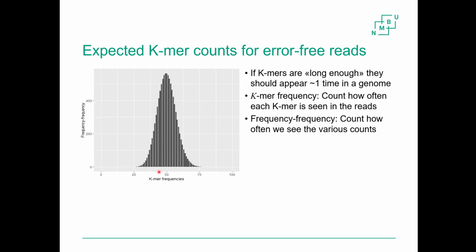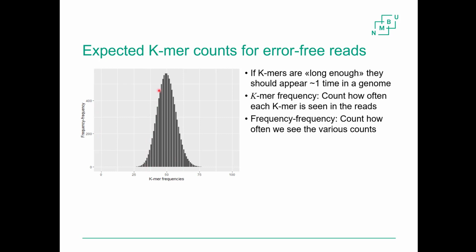And now we count how many K-mers occurred 50 times. That's this bar. How many occurred 60 times? That's this bar, right? How many occurred 40 times? This bar. So up here you have sort of the number of unique K-mers occurring a certain number of times.